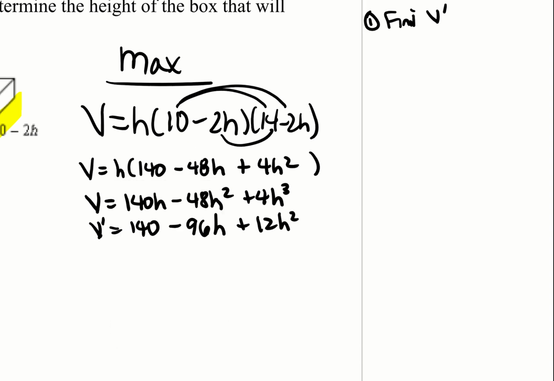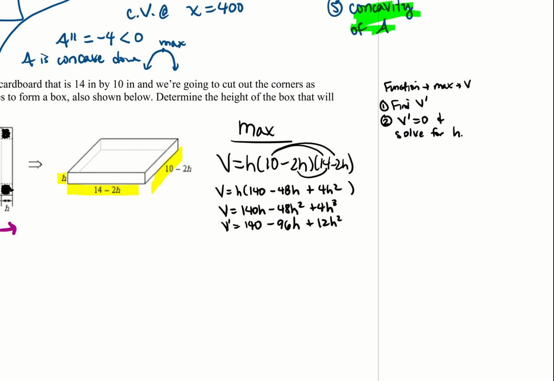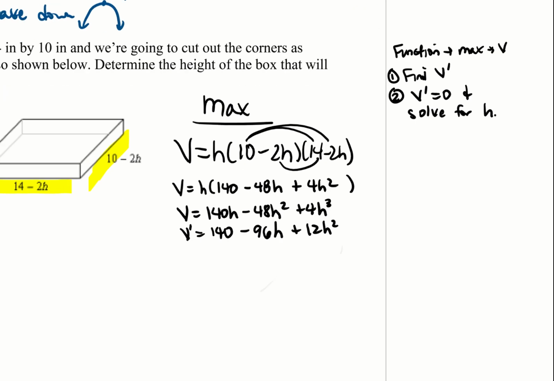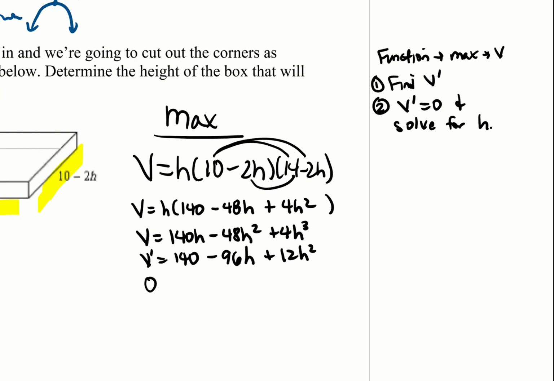And then what I'm going to do from here is set this equal to 0 and solve for critical values. In this case, it's for h.